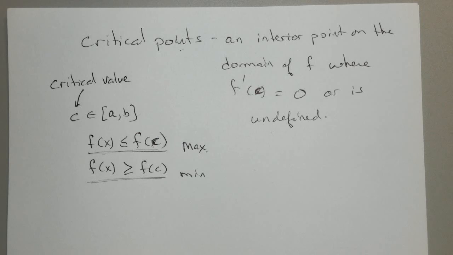Critical values are the numbers, the values inside the domain where the first derivative equals 0. The critical points are the corresponding points at the critical values. In short, they're the vertices, the locations of the vertex of each of these curves.